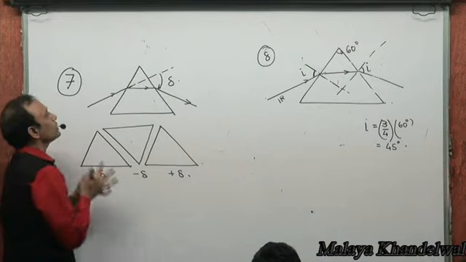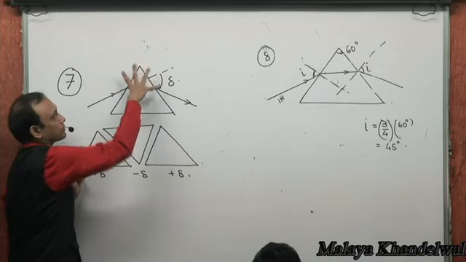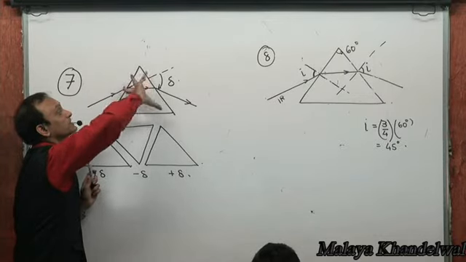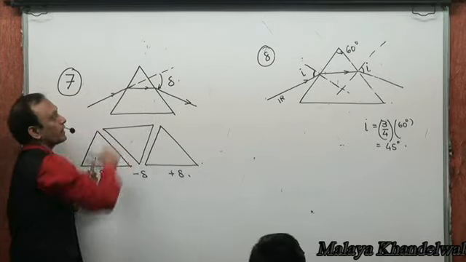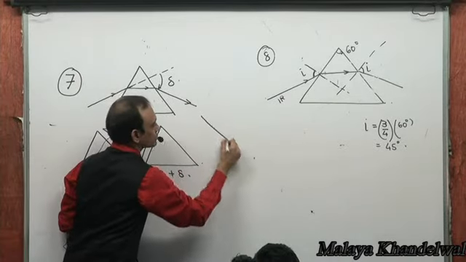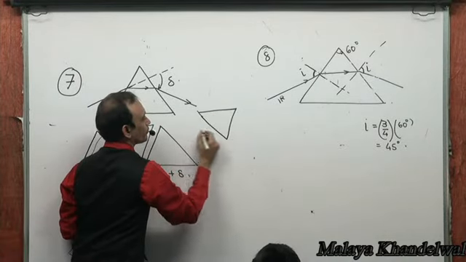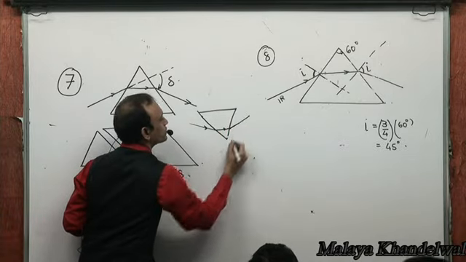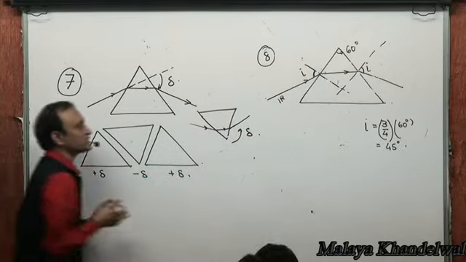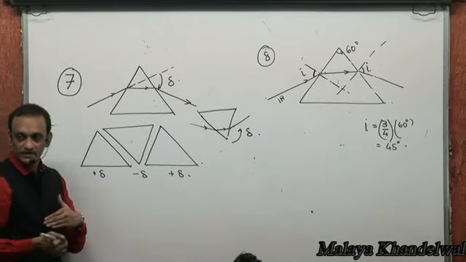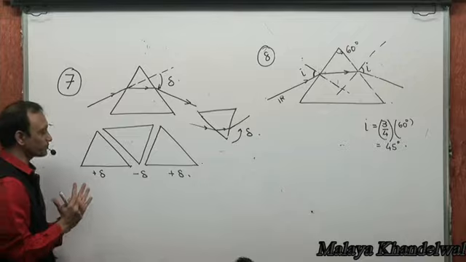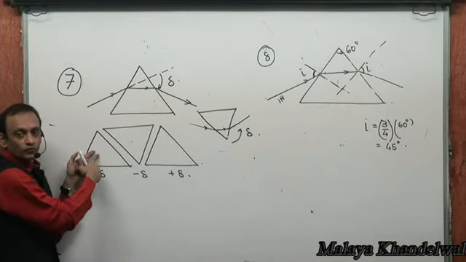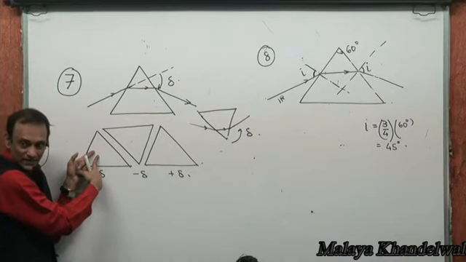This prism, oriented this way, would produce a minimum deviation delta clockwise. But if it were to be like this, then it would produce delta anti-clockwise. So based on the orientation, if I have 3 identical prisms like this, one would produce delta clockwise, so plus delta.